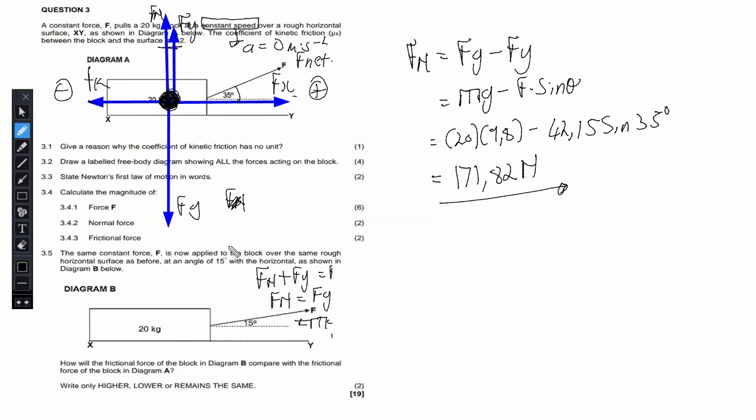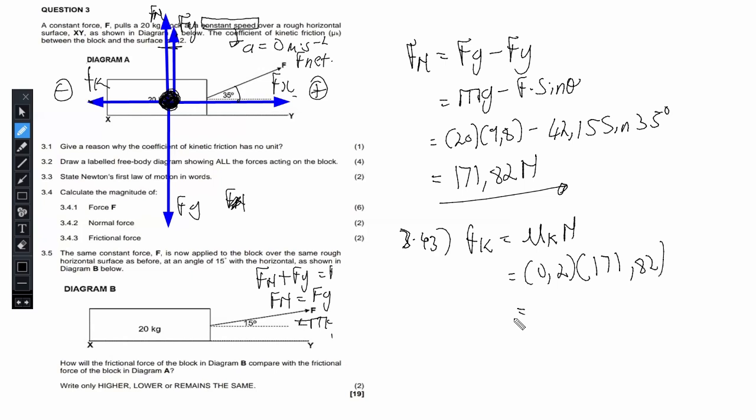And then if I'm looking for the frictional force, 3.43, and then Fk, I understand it's mu k multiplied by the normal force. So our mu k is 0.2. We already have the normal force from up there, 171.82, right?